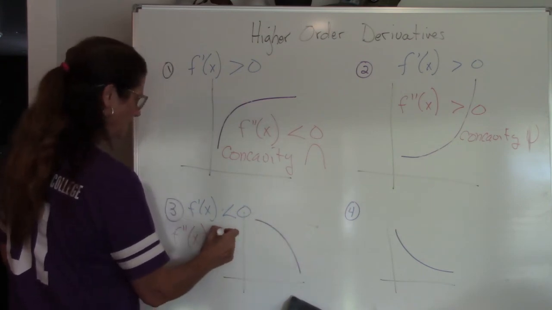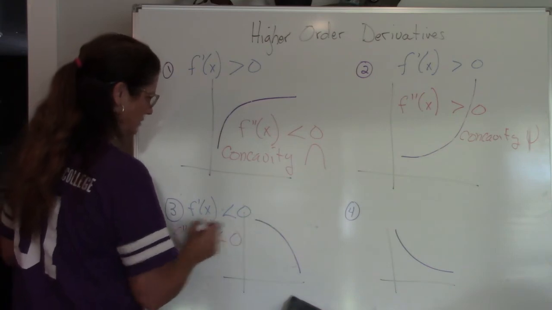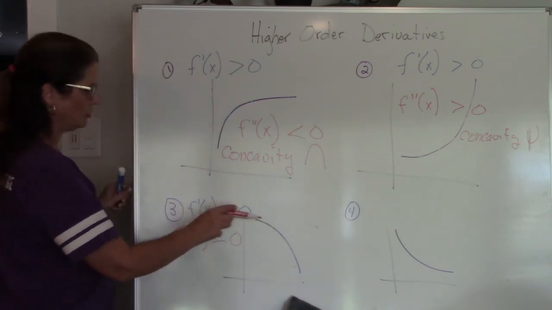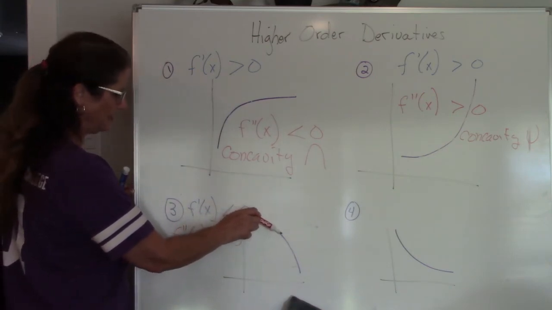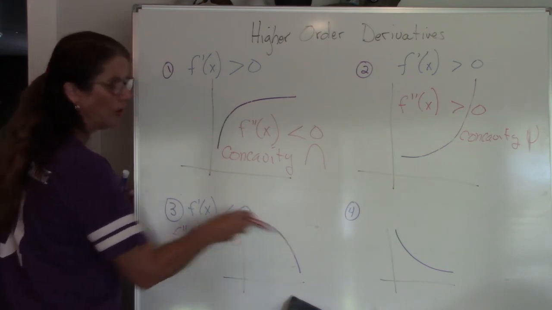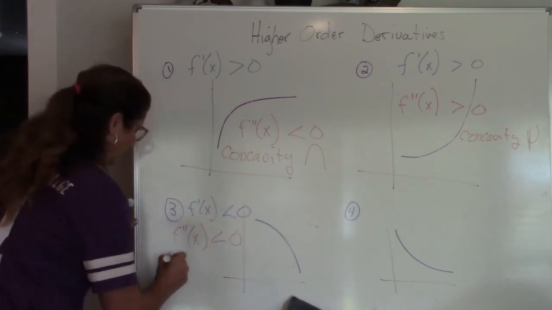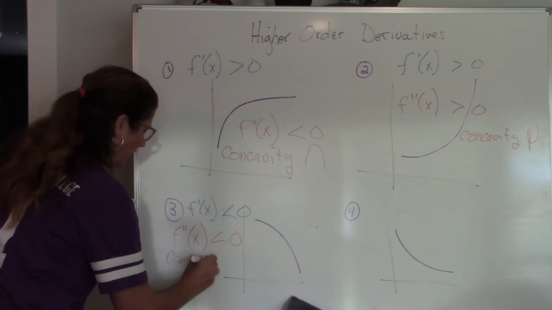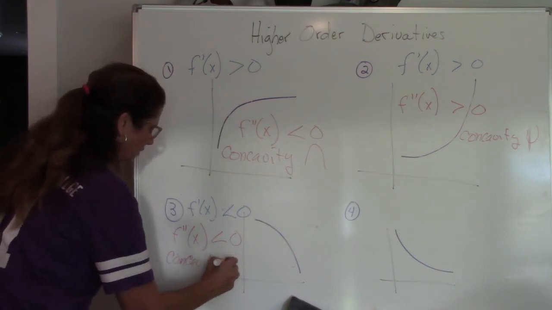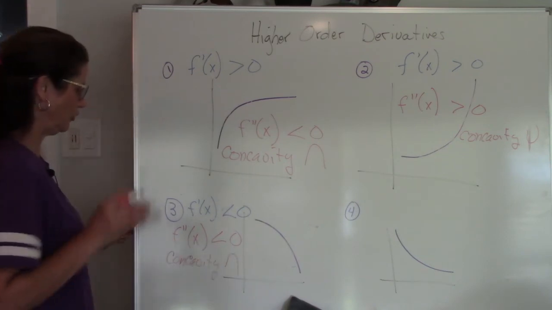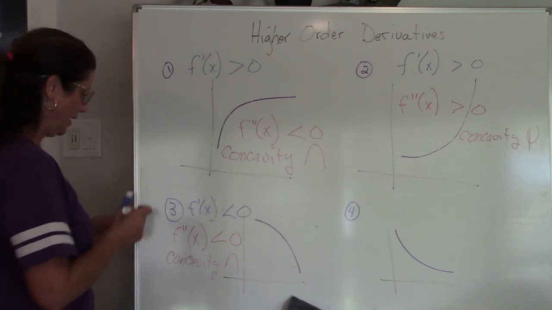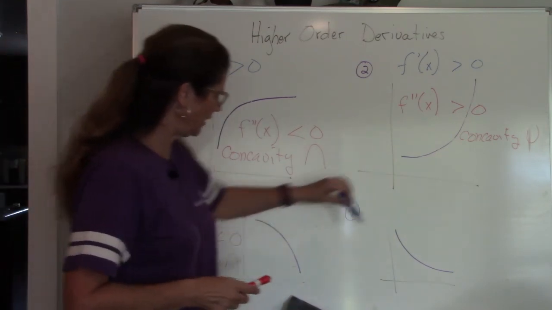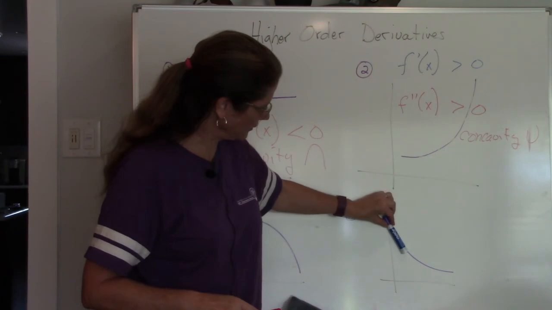So it is less than 0. Okay, so I have a first derivative that's negative, and I have a second derivative that's also negative. So again, our concavity on our second function is going down. It opens down.